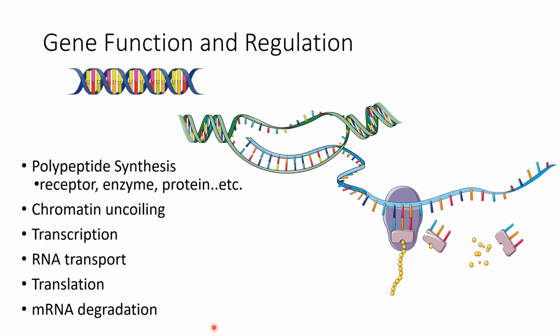When we look at gene function, the genes themselves help produce polypeptides. So they help produce our receptors, our enzymes for conversion. Proteins are built. A whole bunch of things have to occur in order for that to go right. There has to be an uncoiling of the DNA. There has to be a copying of the information.